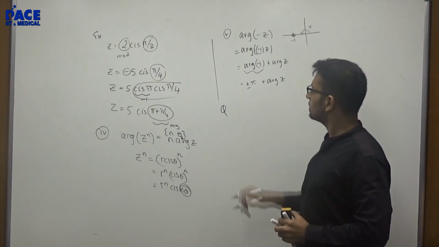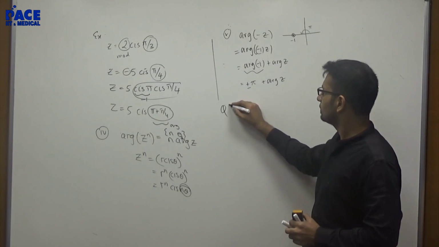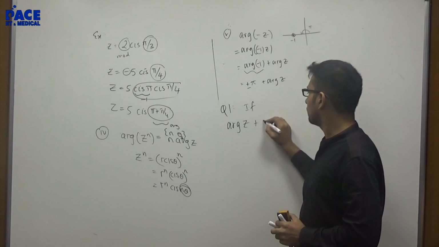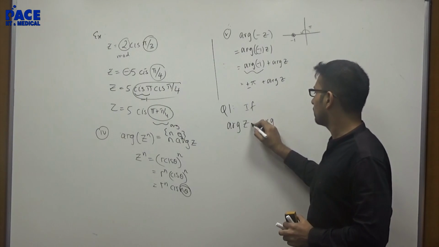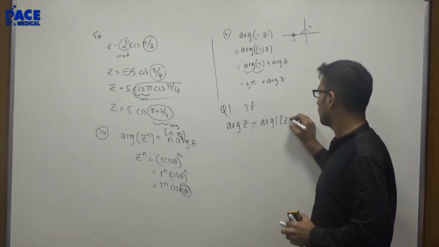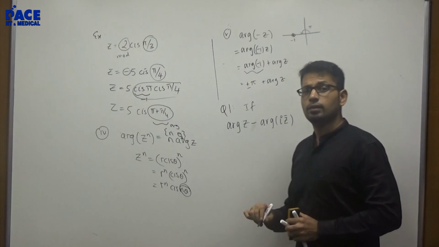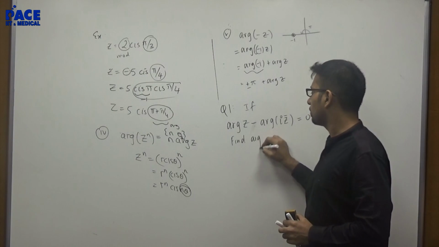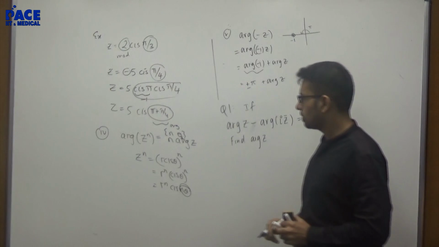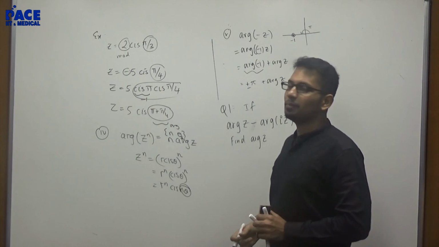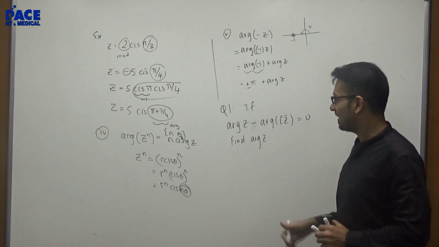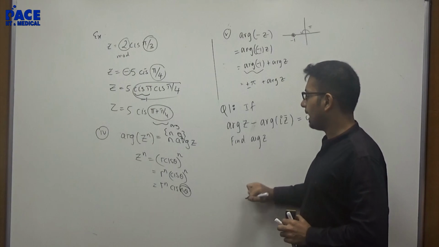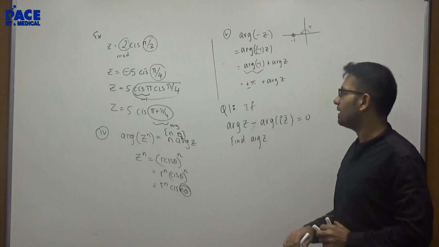So copy this down. We will do questions. Any doubts? Can we derive i raised to i from this fourth property? I'll come to that. Not from this, but we will derive it from something else. Not from I raised to I.